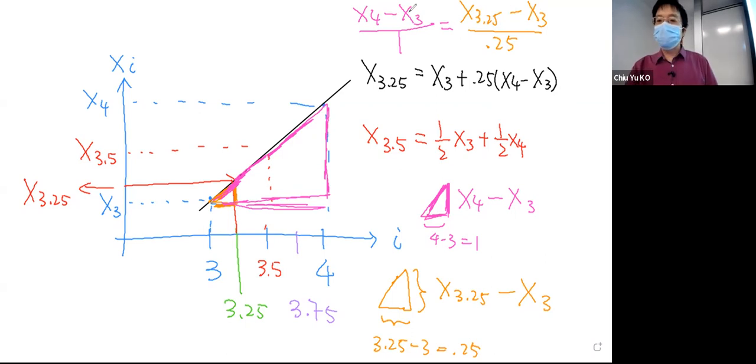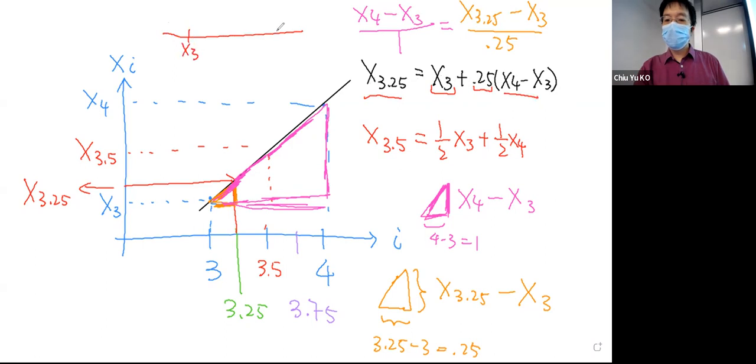Just look at the intuition here. x3.25 is very simple. It's just x3 plus the distance between them times 0.25. Here is x3, here is x4. Because of the 0.25 here, you take 25% of the distance.